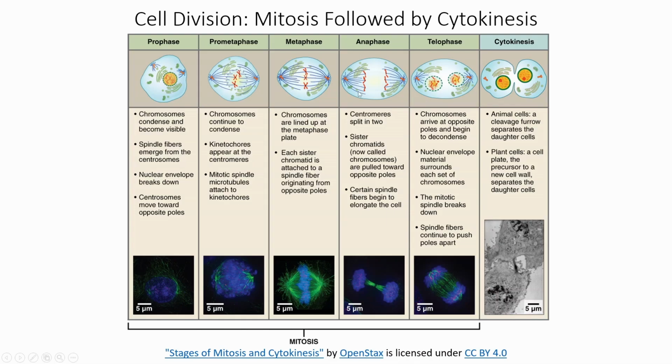Then we go into anaphase, and now we have released the sister chromatids from each other, so we have severed that binding between them. And so our sister chromatids are going to fly towards the opposite poles. This sister chromatid that was attached to this pole is going to get pulled over to the left. This sister chromatid attached to this pole is going to get pulled to the right. So they're separated from each other.